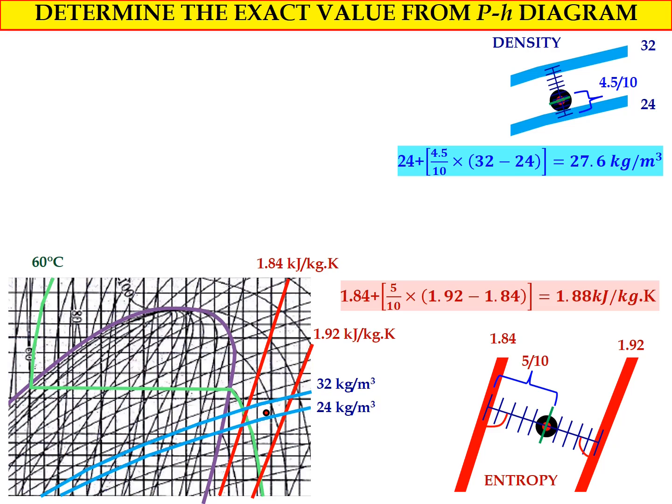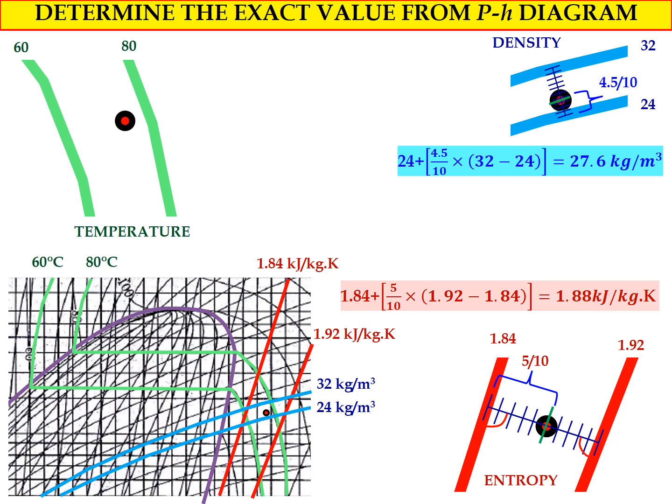Okay, the last example, let's say we want to determine the temperature. So find out the closest constant temperature lines to the intersection point. So we have the line for 60 degrees Celsius and also the line for 80 degrees Celsius. So draw your own scale as I mentioned before, divide into a few minor scales and count the number of scales that involve the intersection point.